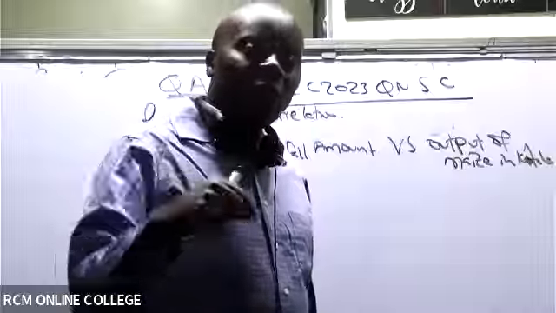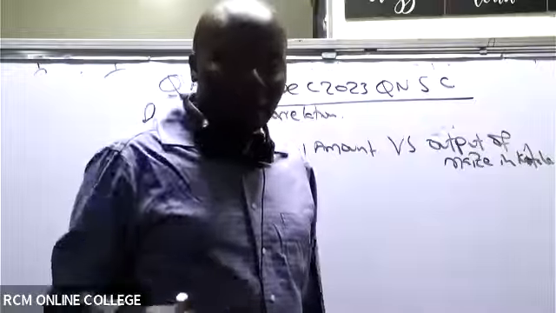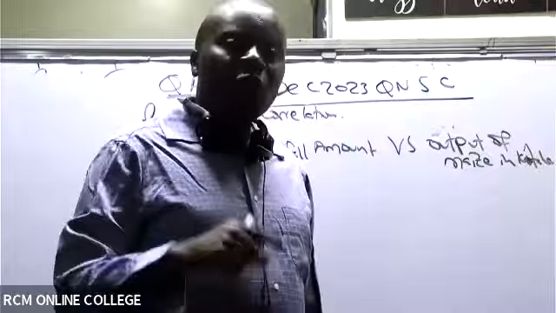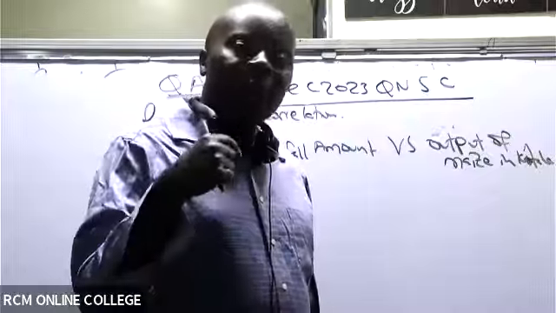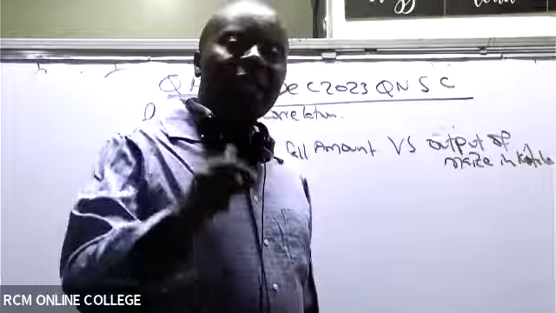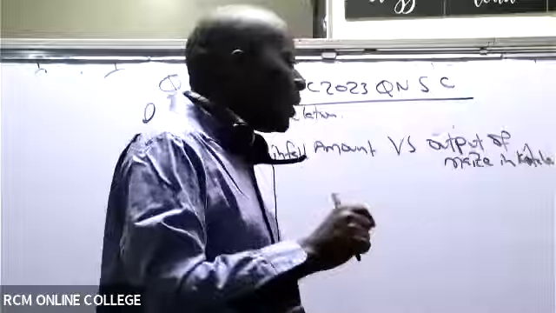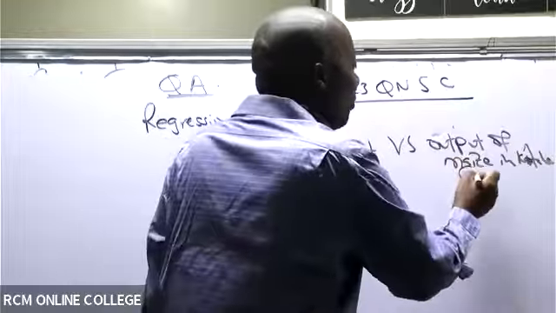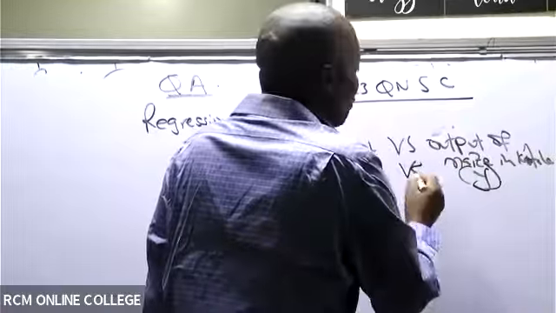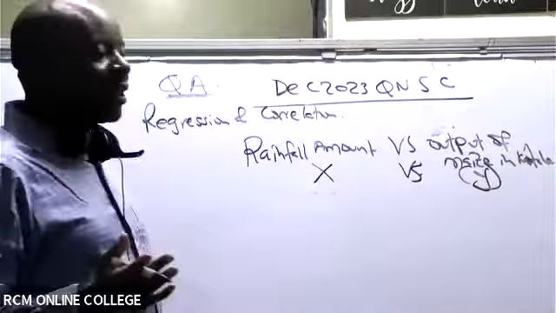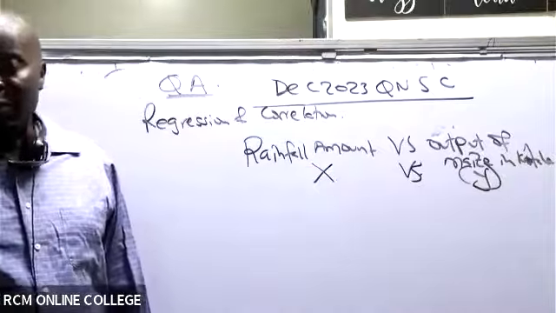The moment you confuse that, you get 0 in the entire question. The one that depends on the other is the output, which depends on rainfall. So the output here will be Y, and the other one automatically will be X.